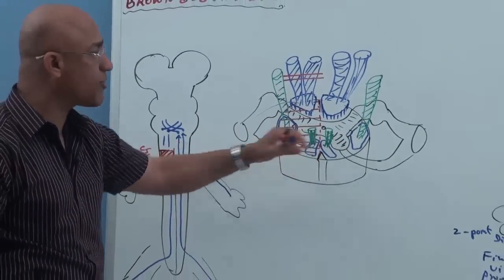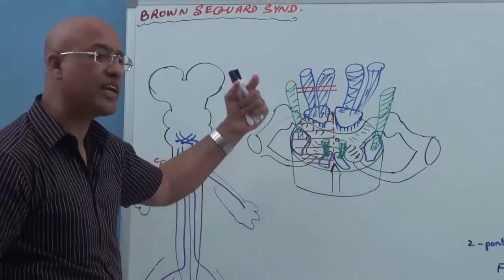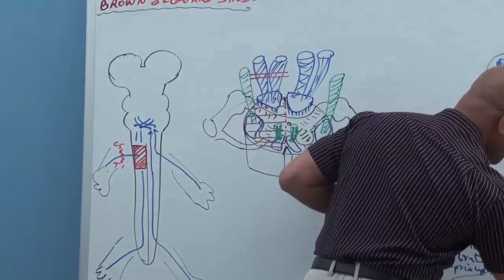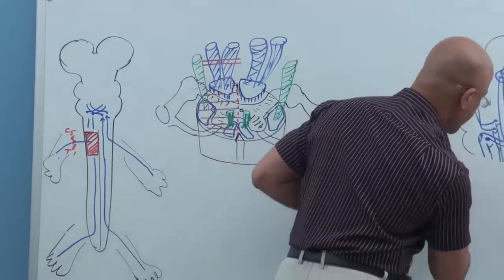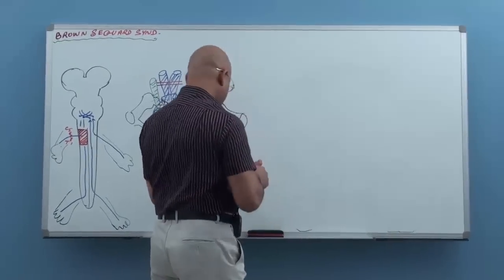Now these are the spinothalamic tracts. First we'll see how they are formed, and then we'll see what they are doing, and then we'll see what happens once they are injured. Is that right? So let's see, we'll draw it here. Spinothalamic tract.